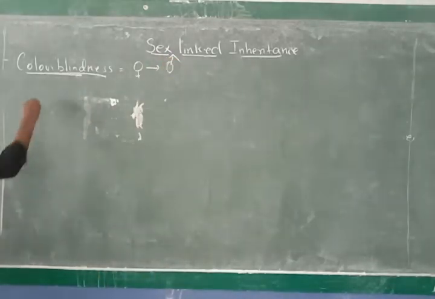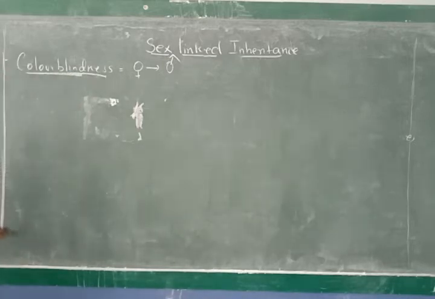Now, see, there are 2 sets of alleles we talked about. Even when you studied monohybrid crosses, you came across 2 types of alleles. A gene will have 2 sets of alleles. Even in multiple allelism, we talked about 2 pairs of alleles.